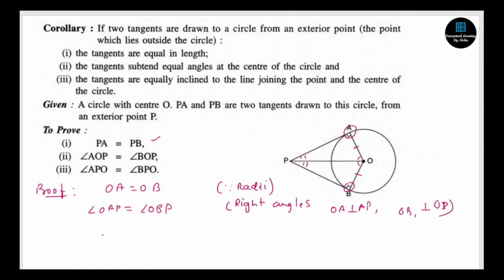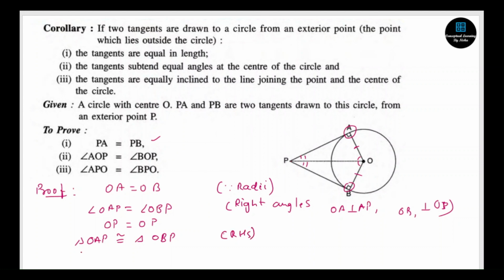And now, which line segment is common? Yes, OP is common in both of them. So triangle OAP is congruent to which triangle? Yes, OBP, right? By which criteria? RHS criteria.